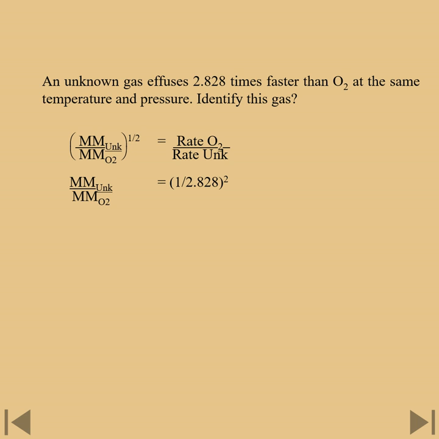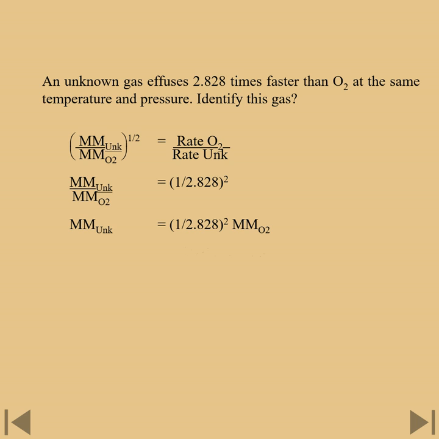So let me go ahead and take the molar mass of the unknown over the molar mass of the O2. And let's go ahead and square that so that we get rid of the square root. It is equal to the square of 1 over that 2.828. Let's multiply out the molar mass of O2, and here's the molar mass of the unknown isolated.